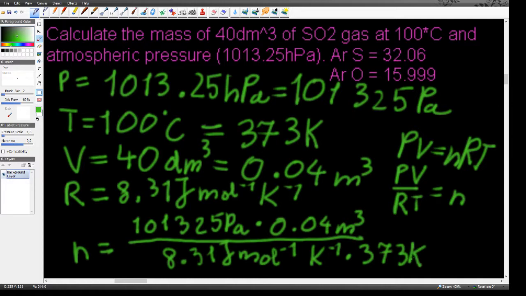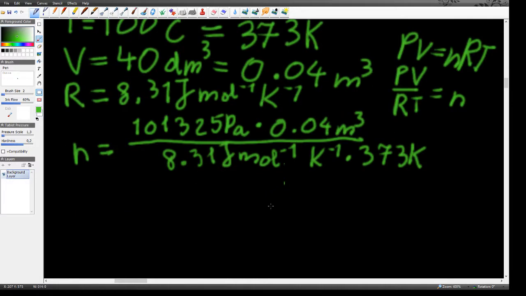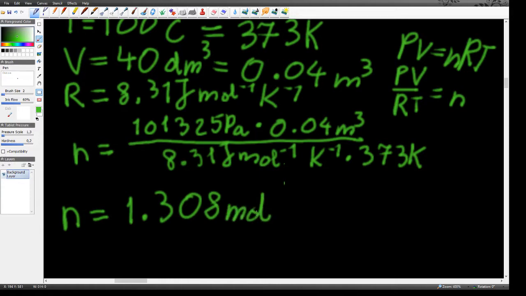I'm not going to consider the units here, I think I did that in the last video, so if you want to check up on your units, you can do that in the previous one. Once you put this through a calculator, it gives you about 1.308 moles. I've done this to 4 significant figures.